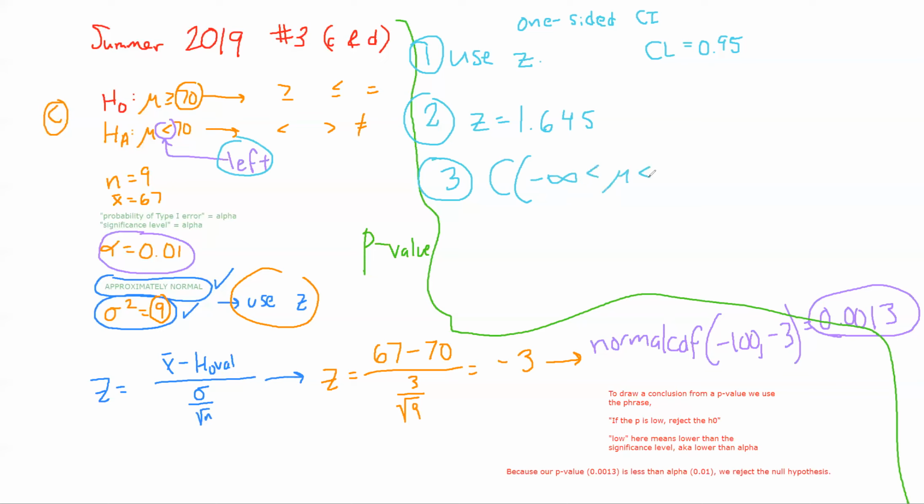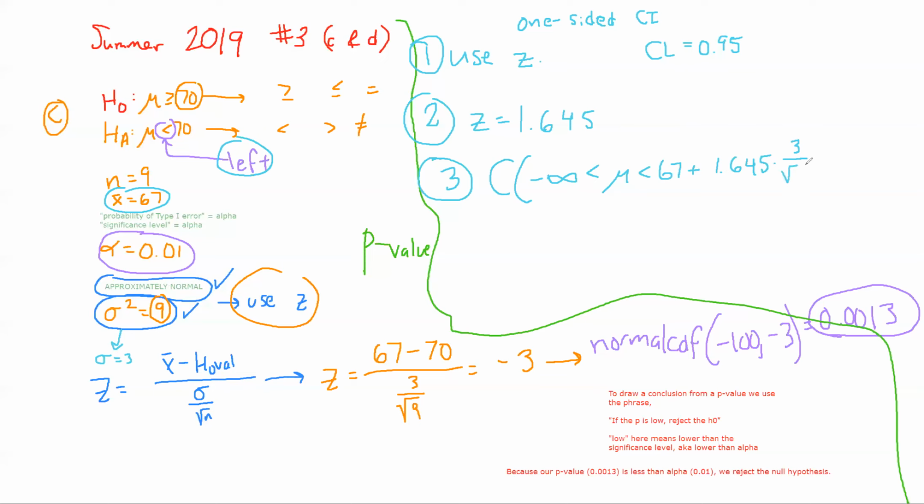less than x bar, which was, that was way back here, 67, plus z, which is 1.645, times our population standard deviation, which is 3. Careful, don't assume that it's 9. We know that sigma equals 3 here.